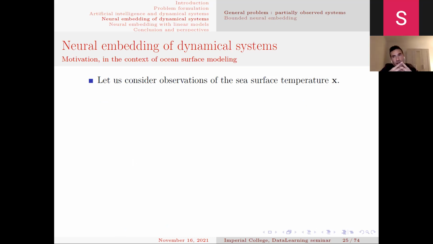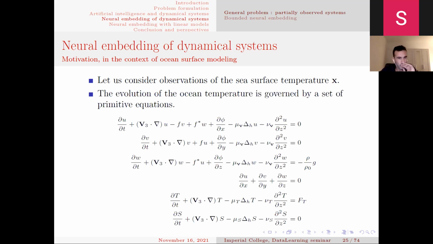Now, in order to give some intuition about why to have such considerations in the context of modeling ocean surface variables, let's consider observations of the sea surface temperature X. We know from physical oceanography that the evolution of the ocean's temperature is governed by a set of primitive equations.